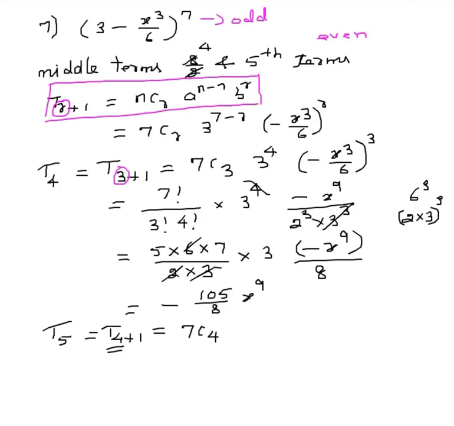We get 7C4, 3 raised to 7 minus 4, which is 3, times minus x cube over 6 raised to 4.